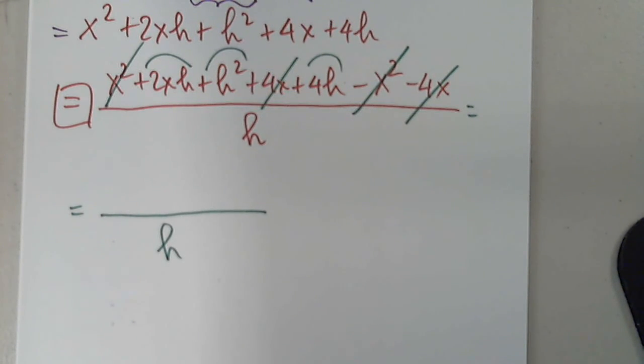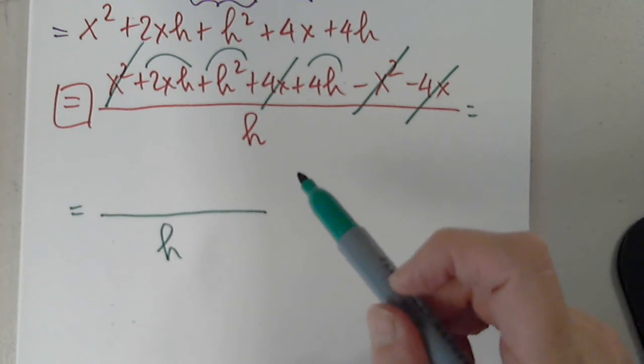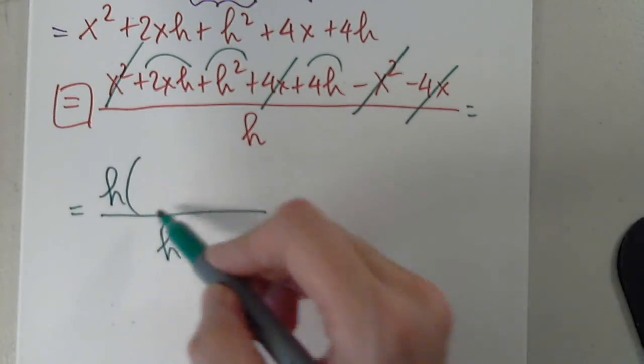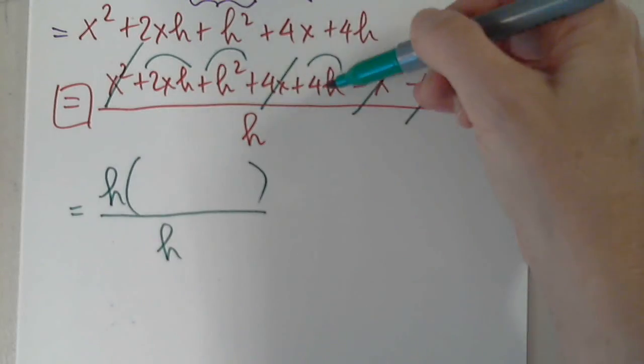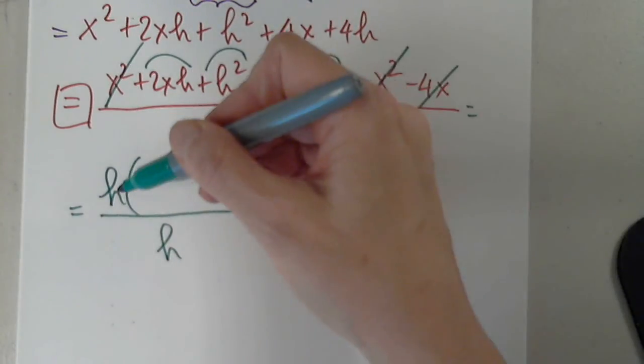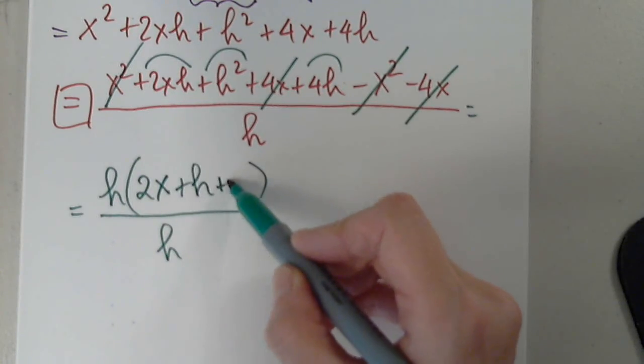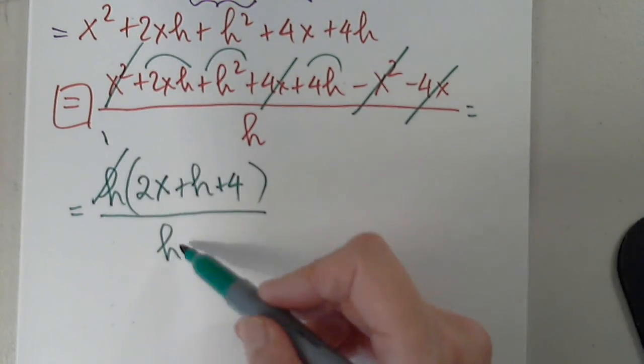Divide everything by h. That's an option. It is an option, but sometimes you will not be able to. So I think it's wiser to factor out, knowing that all these have h in common, and then you have h times 2x plus h plus 4. At this point, you will simplify.